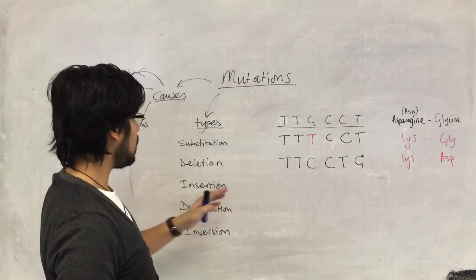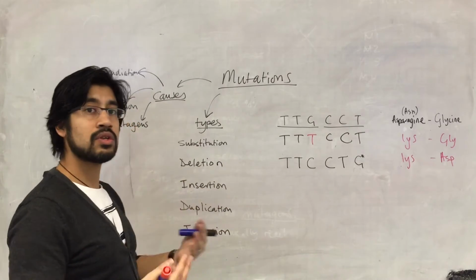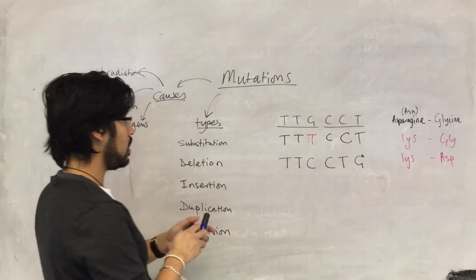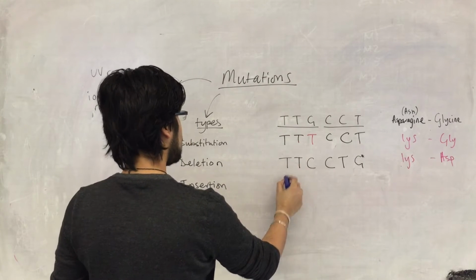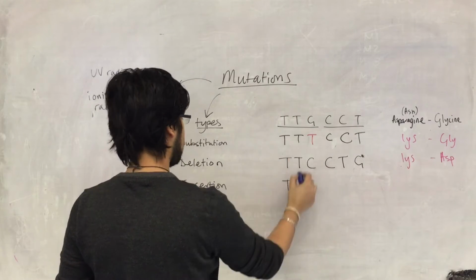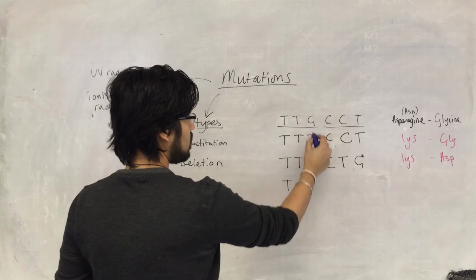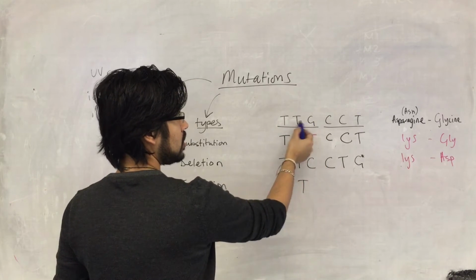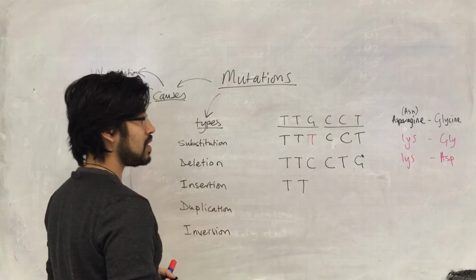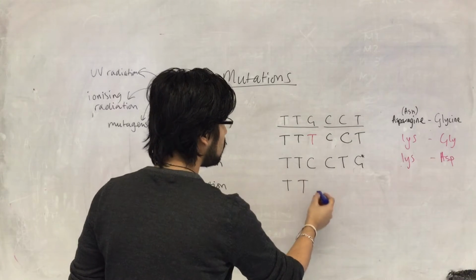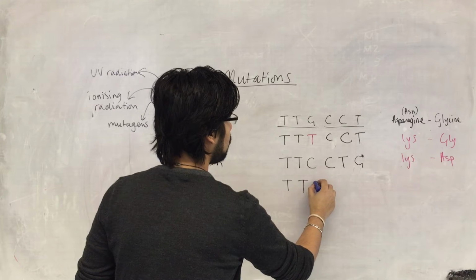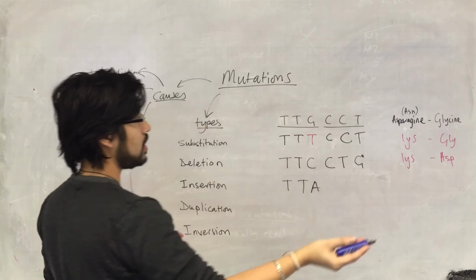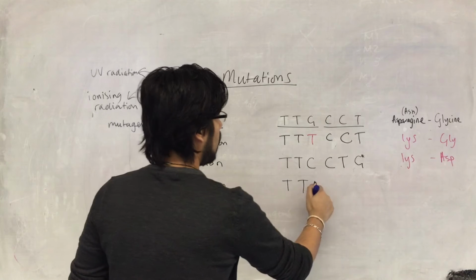Insertion, similar to deletion, can also have quite a large effect, because we could have a T right there, and between the T and G we could have another base inserted. We could have an A, for example.